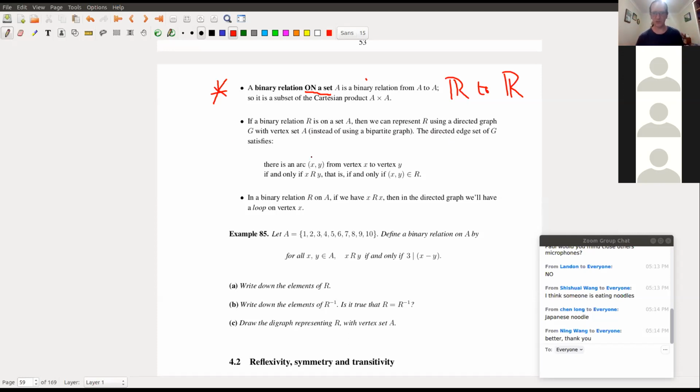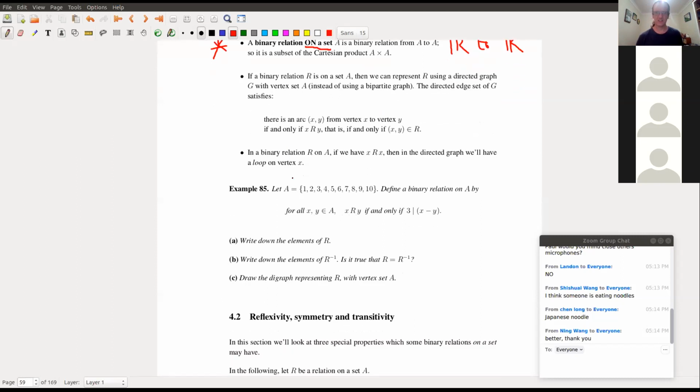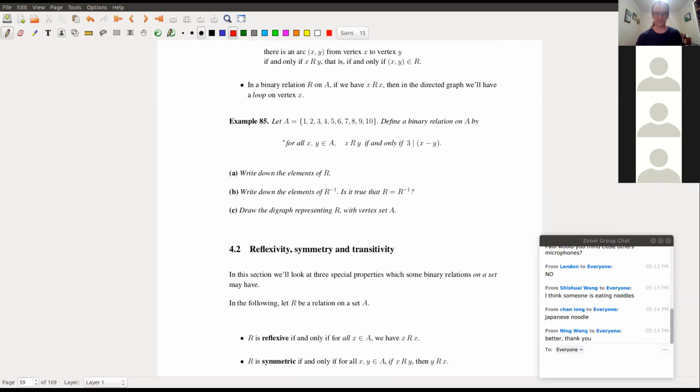We'll show you this when we talk about the reflexive, transitive and symmetry properties. Again, you draw an arc if there's an element of the relation, and if you have (x, x) in R, then in a directed graph we'll have a loop on the vertex x. I'll show you a picture of this right now.